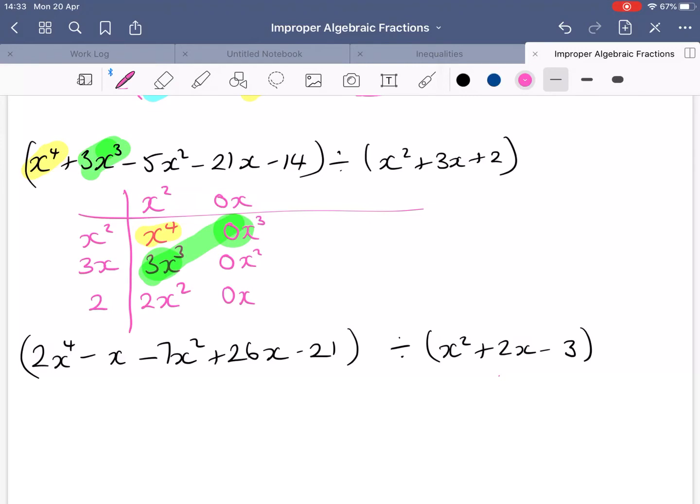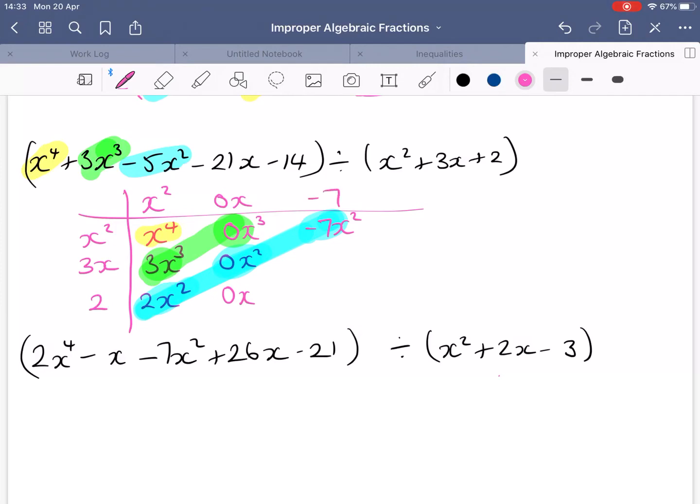Now, this is where it starts going a bit more complicated than anything that we've done before. Because now we need to look at the x squared term. I need minus 5x squared. But this is going to come from 3 places, from this bit, and this bit. I've already got 2x squared, but I want minus 5x squared. So that means I need minus 7x squared there. So, what times x squared makes minus 7x squared?